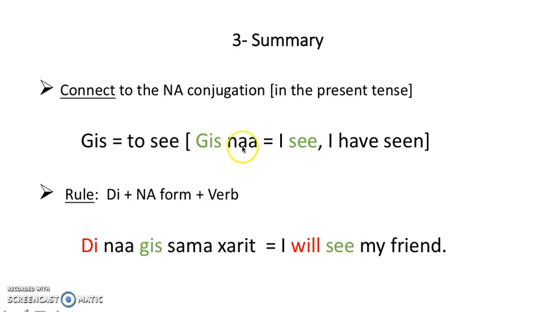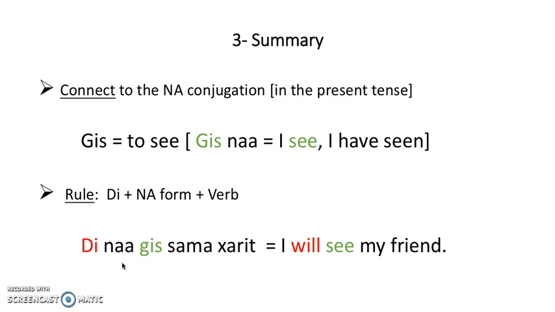So gis na, in English here you have subject and verb, so I see. It also can mean I have seen. So if we start from that example, gis na, the future will be dina gis. If I want to say I will see. So di will, na I, gis see. But if you translate in English, it means I will see. Dina gis sama xarit. I will see my friend.